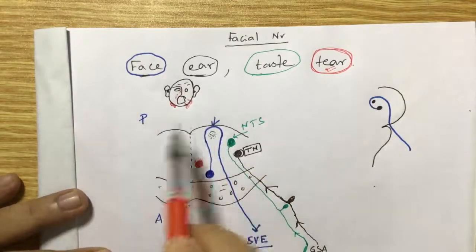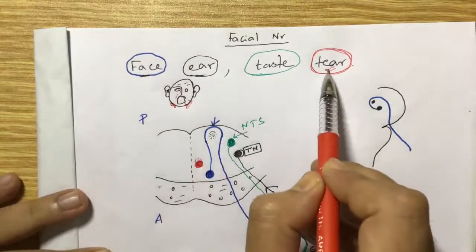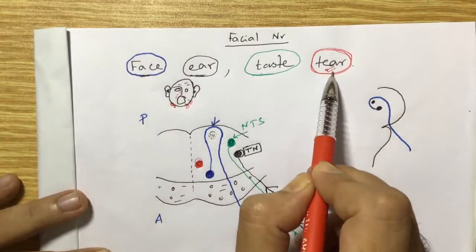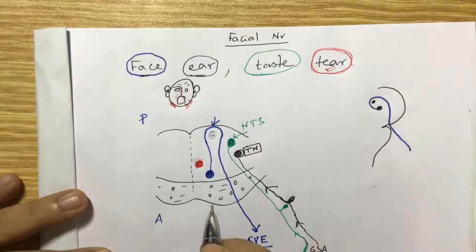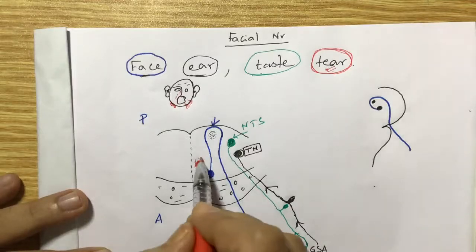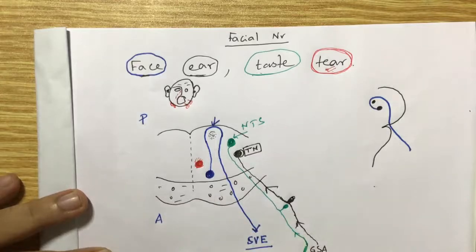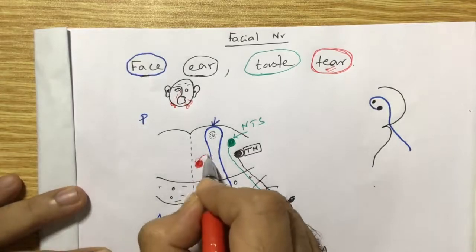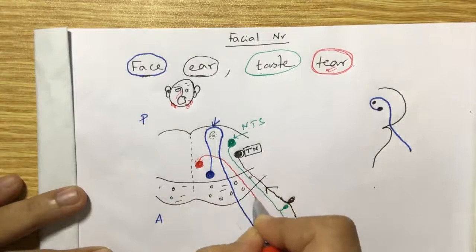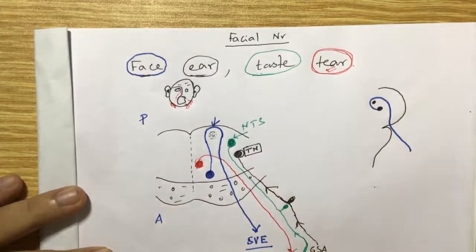So many secretions, not only tear, that means they are general visceral efferent. These are supplied by this nucleus. So it is going like this.